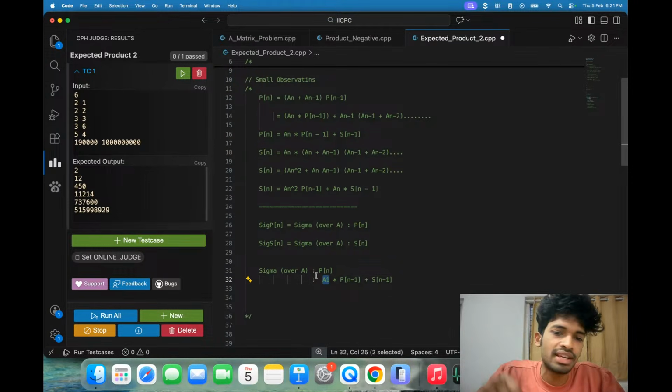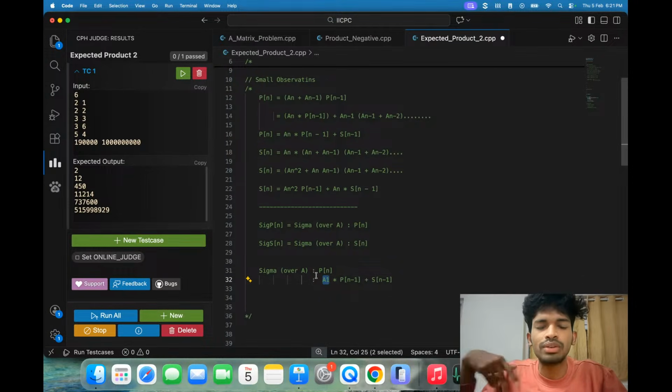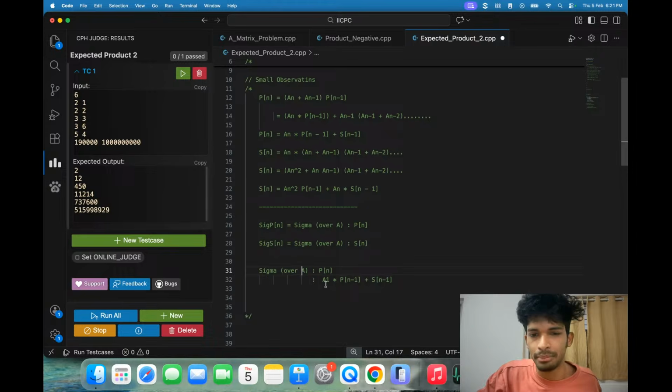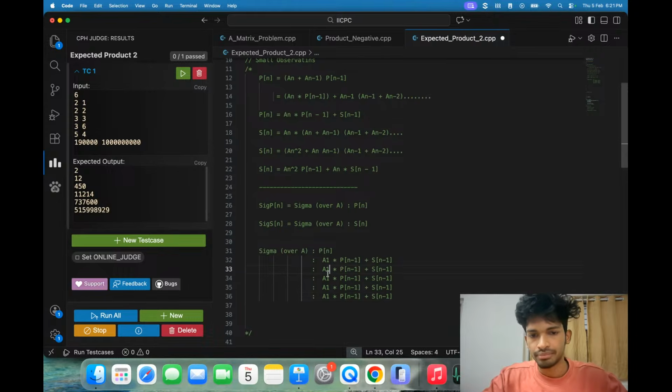I'm trying to fix one thing and then think of how the summation will go from here to there. Because sigma over a is what we are doing. I'm trying to divide that over a as being a1, being a2, and so on. This is how you can divide that summation first. Now I'm looking at this one.